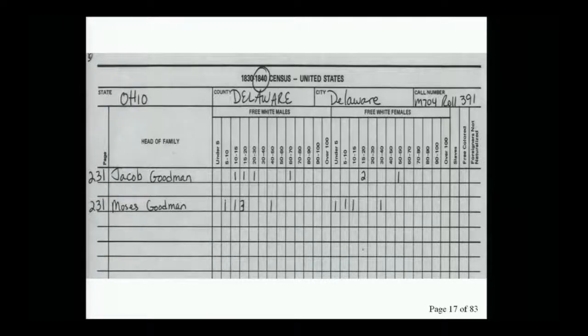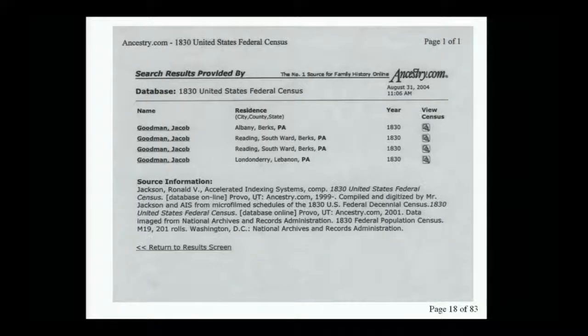Now I go back to 1830, I don't find any Jacob Goodman in Ohio, so I go back to Pennsylvania. Right? They're all born in Pennsylvania. So when I look on slide 18 for Jacob Goodmans in Pennsylvania in 1830, I come up with 4 possibilities, 1 from Albany, 2 from Reading in the South Ward, and 1 from Londonderry.